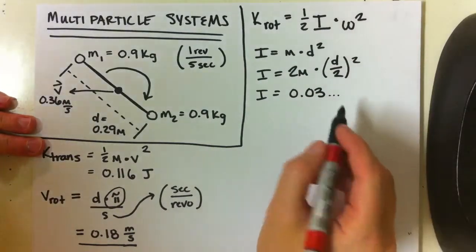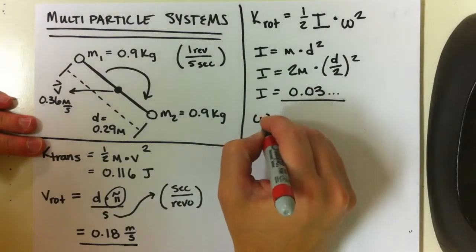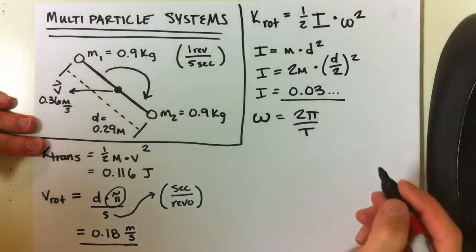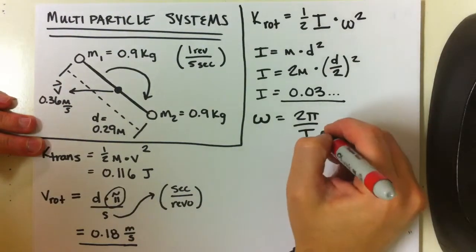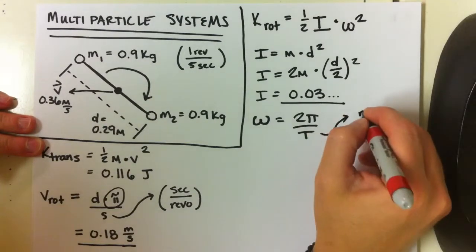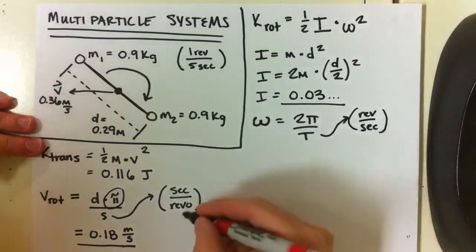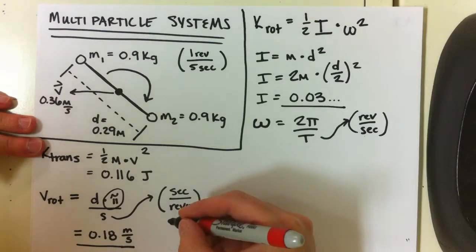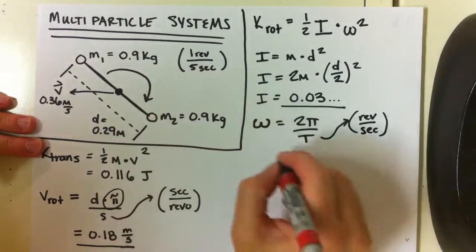Now, to find our angular speed, omega, angular speed is simply 2 pi over time. And you have to be careful with this time. Time needs to be in revolutions per second again, same as when you're looking for the velocity of rotation. So ours comes in revolutions per second, so we're good.